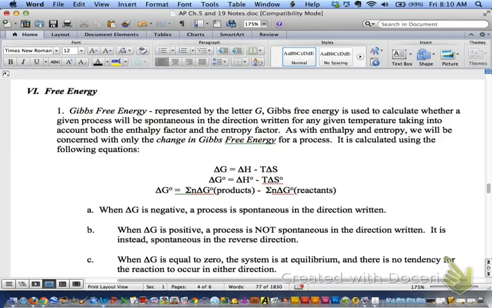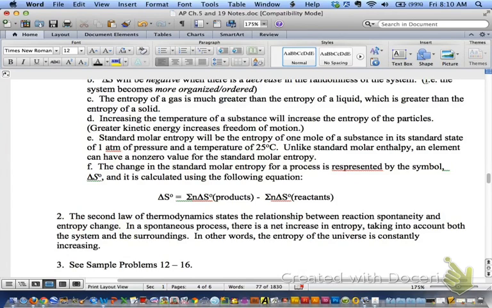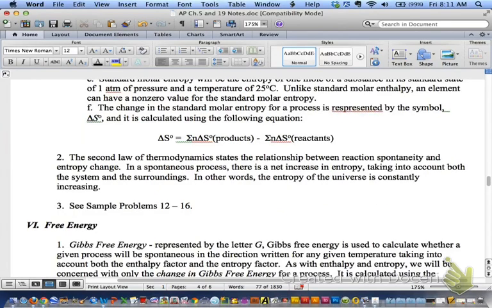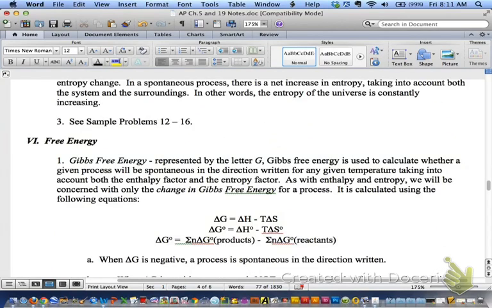We found ways to calculate delta S, the change in entropy for a given reaction, again using the products minus reactants equation, and did sample problems 12 through 16. Those of you in 4th period will see me do that today in class.